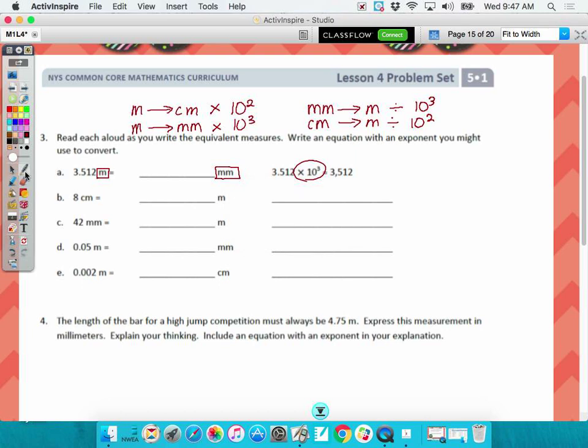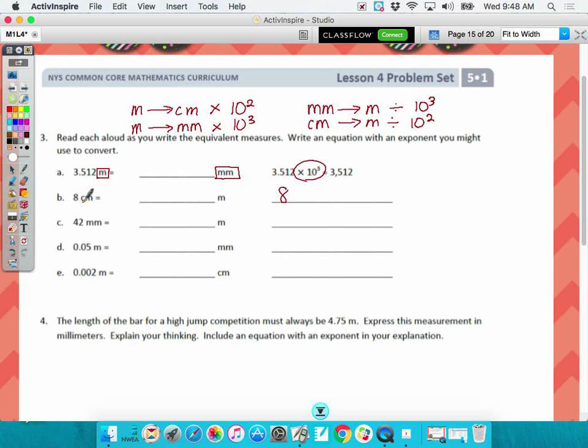All right, Jay, tell me what I'm going to do when I go from centimeters to meters. Centimeters to meters. What am I going to do? Wait, me or him? Oh, it was Julian. I'm sorry, Julian. Imagine that I mixed you two up. You're going to multiply by 1,000. Centimeters to meters.